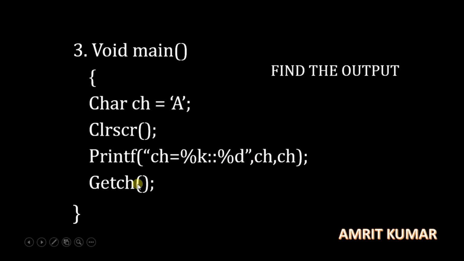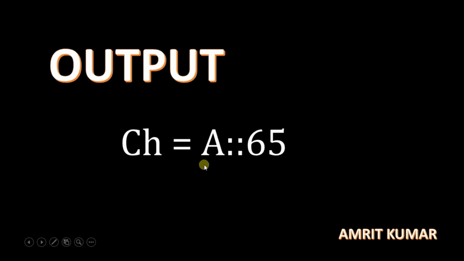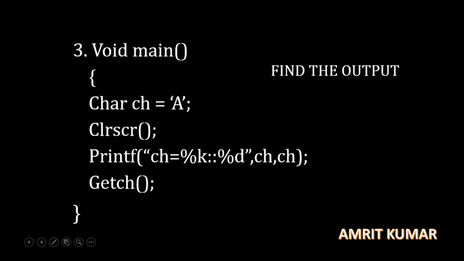So what will be the output here is that it is going to be printed like this: ch equal to a, colon, 65, because what we have passed here in ch is the value a, which is the character, and here a character is going to be printed.